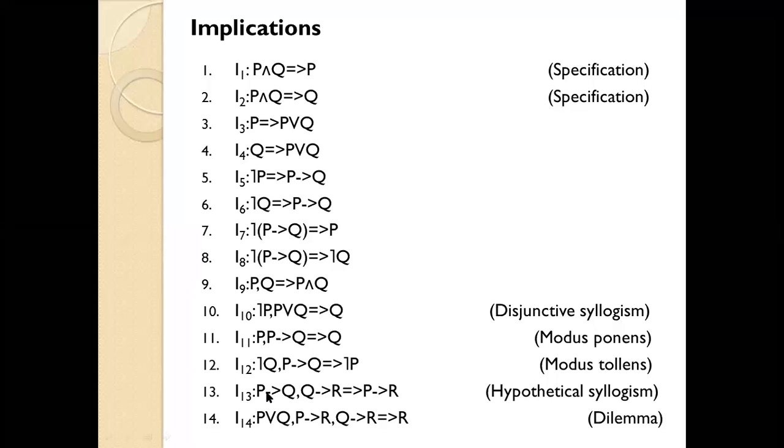P implies Q, Q implies R means P implies R. That is hypothetical syllogism. P is common in these two. So P implies R. That is hypothetical syllogism.